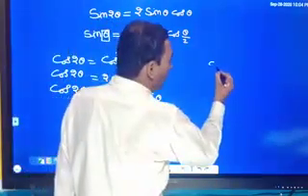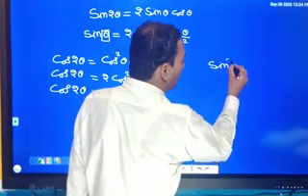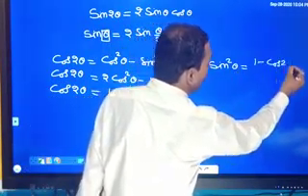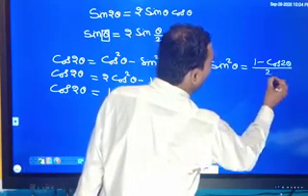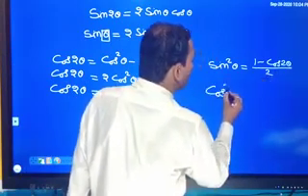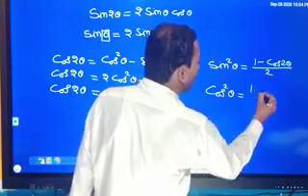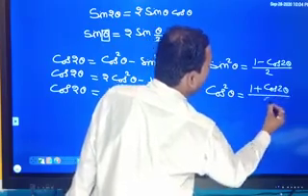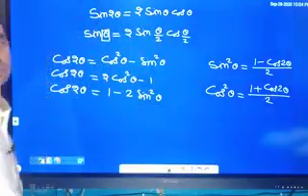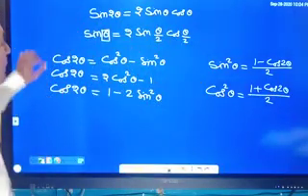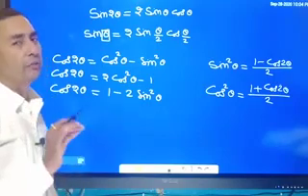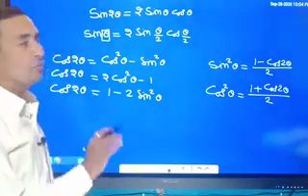We can also write sin square theta equal to 1 minus cos 2 theta upon 2 and cos square theta equal to 1 plus cos 2 theta upon 2. Okay dear students, these are the important trigonometric formulas which we use in physics.